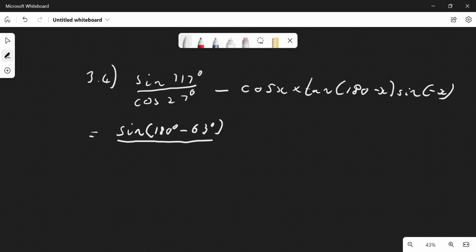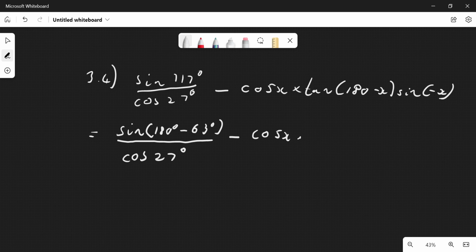All right, that's over cos 27 degrees minus cos x times, so this is the second quadrant, right? So tan will be negative in that quadrant.